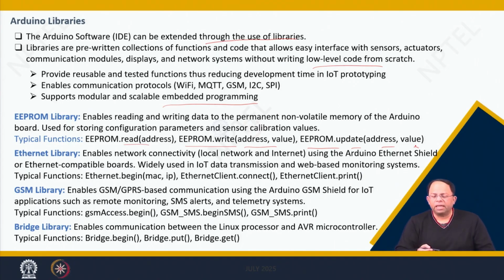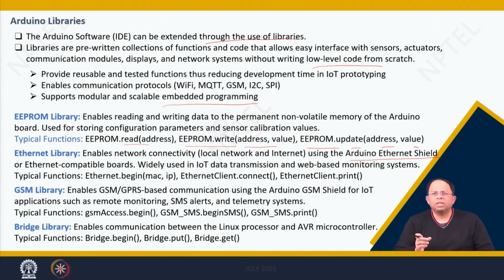This enables network connectivity both for local network and internet, and for that of course we have to have an Arduino Ethernet shield. In some boards it's an inbuilt function, like the board that we would be using. Wi-Fi is an inbuilt function within that board, but in some boards you have to add a separate small PCB, which is also known as the Arduino Ethernet shield, or anything like a Bluetooth shield, right?